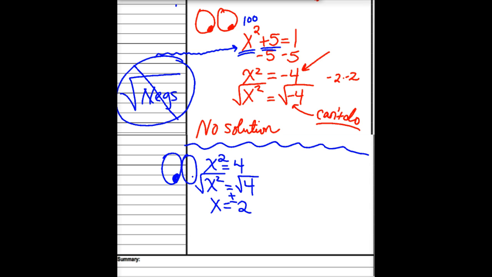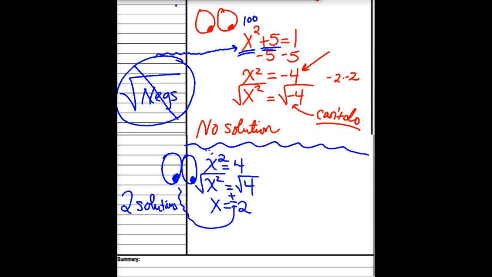So this is going to be easy, but we've got to watch out for some details. You'll also have to put this plus or minus on here because watch when you go check it. 2 times 2 is 4. But negative 2 times negative 2 is also 4. So we get 2 solutions most of the time. So we have to remember our plus or minuses.